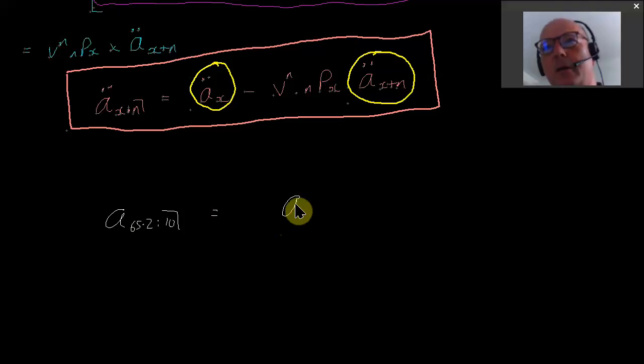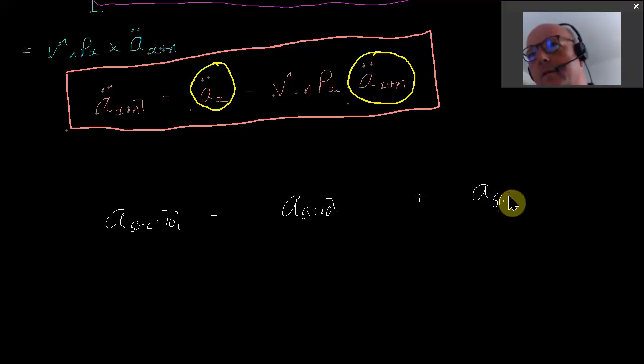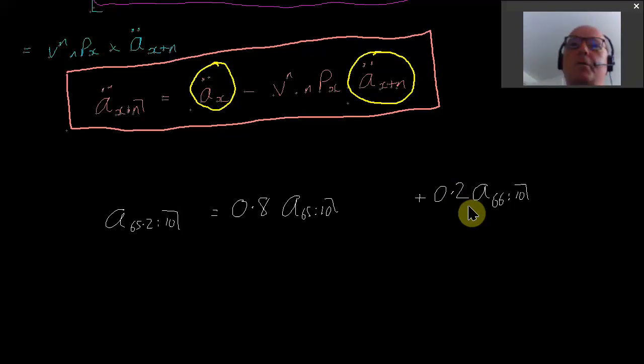So you've got some a65 for 10 years and you've got some a66 for 10 years. It's closer to 65, so that one will be 0.8 and that one will be 0.2. If you want, you could do that geometrically as well. It wouldn't make very much difference because over small intervals they are very close to linear anyway. Okay, but that's how we deal with that not being an integer.